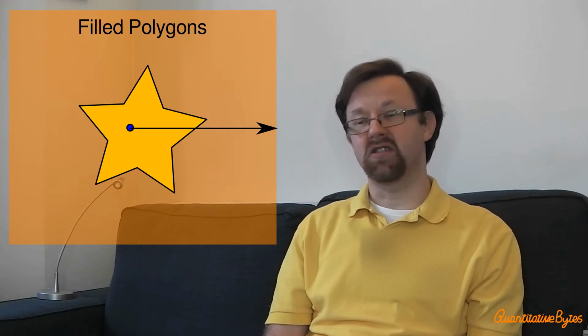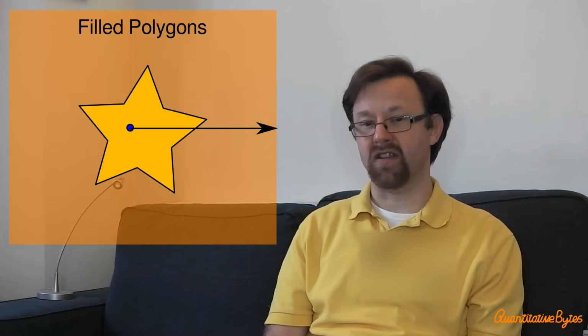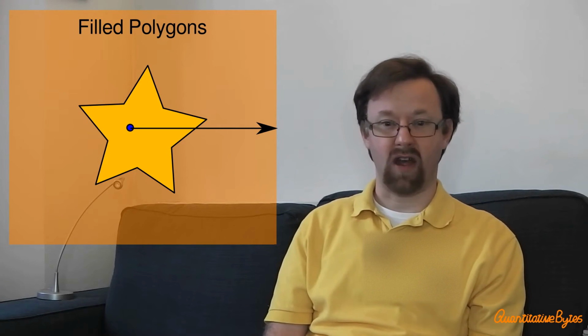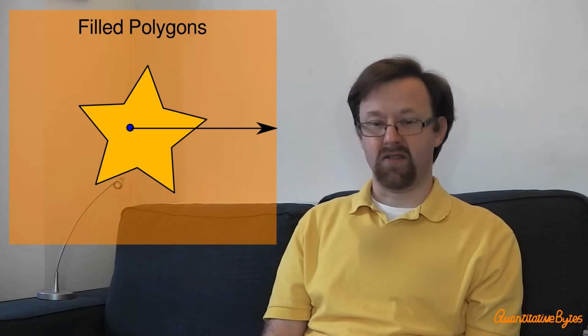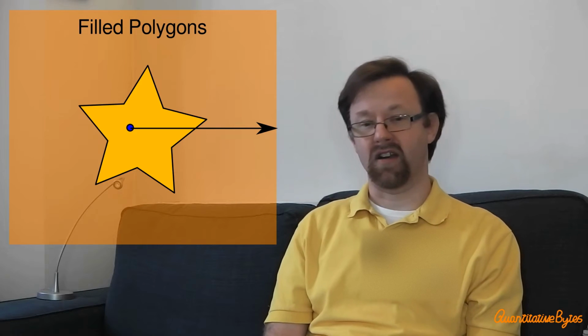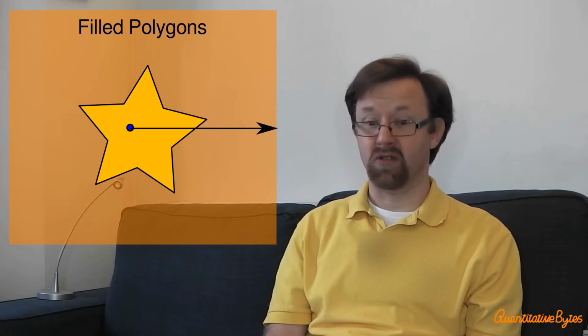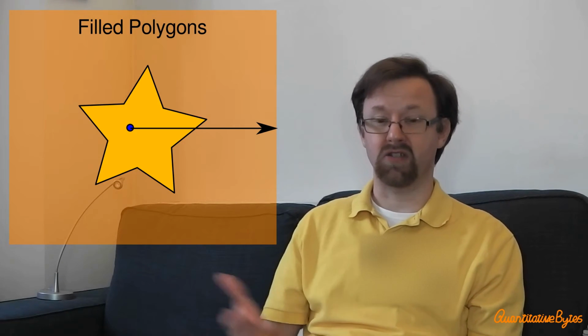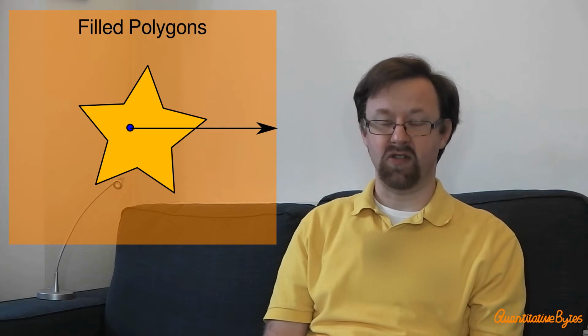And then all we need to do is count how many times that line crosses the boundary of our polygon. As you can see in this case, the point is inside the polygon and the line crosses the edge exactly once, which is of course an odd number.